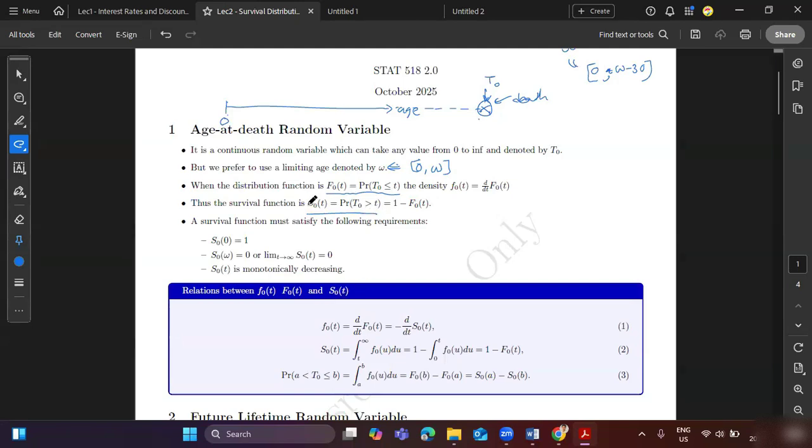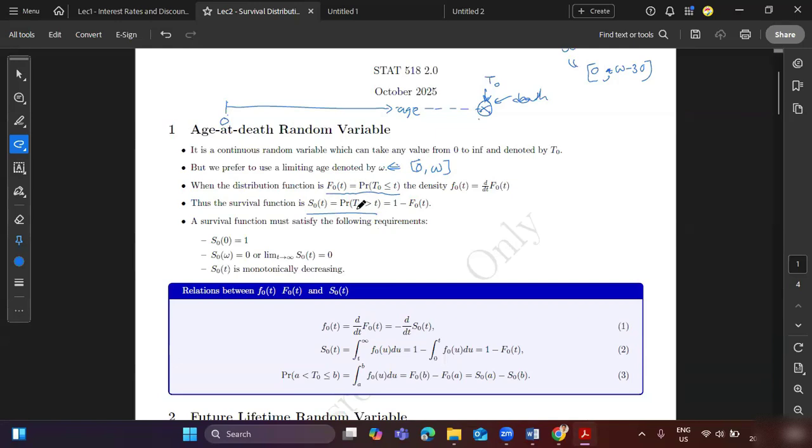If someone was to find the survival probability of a person who is just born, or the infant, then that probability can be defined as the probability where T naught is greater than t. In general interpretation, it says the probability that death occurs beyond t, or after t years. We know that person was alive up to t years, but after that we don't know at which point the death occurred.